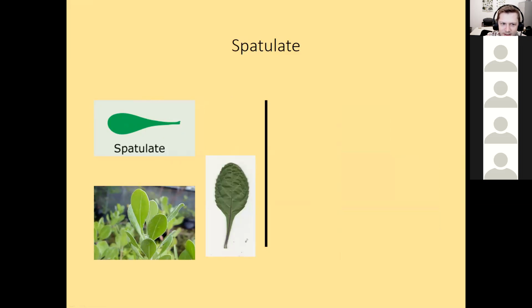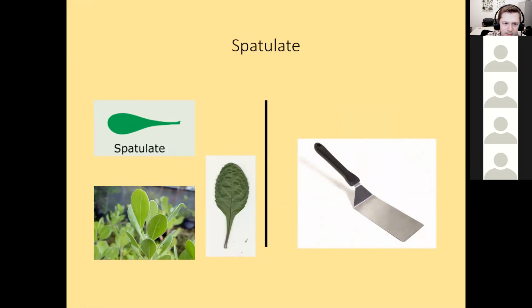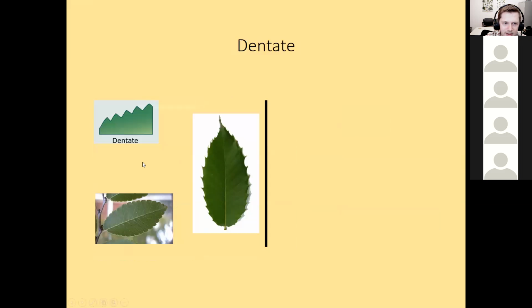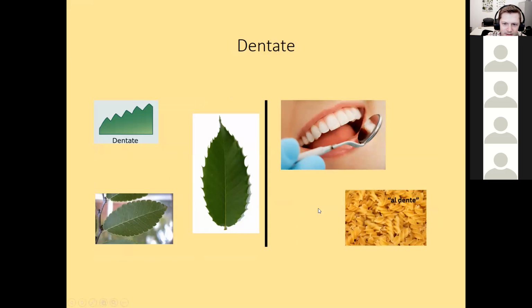Spatulate. So I think this one is kind of obvious. Looks like a spatula. Dentate. So this one should be a little bit obvious too. Dental. And then if you think about it, like pasta that's al dente is hard pasta because you have to chew it with your teeth a little bit.